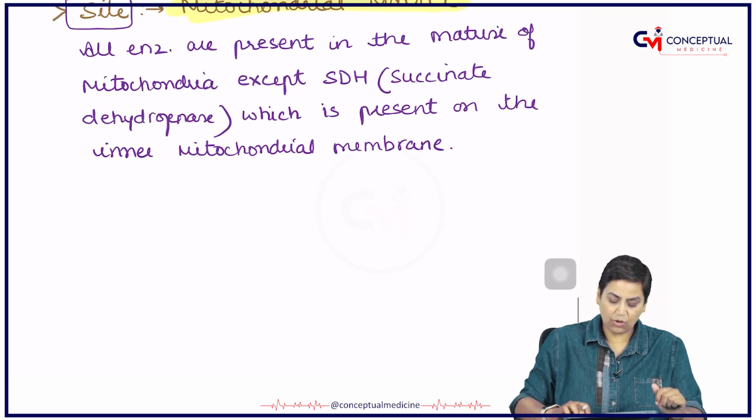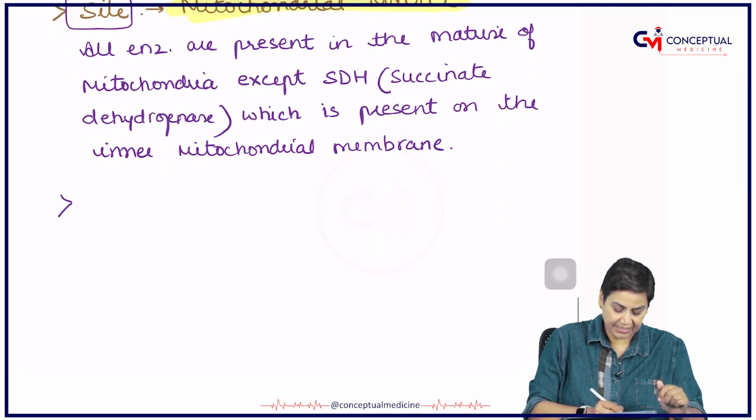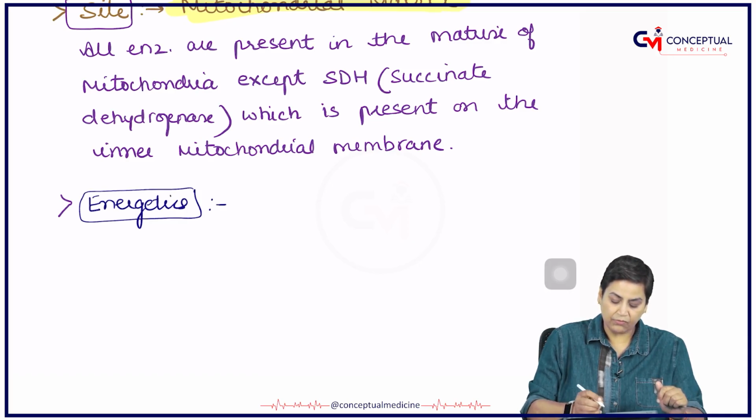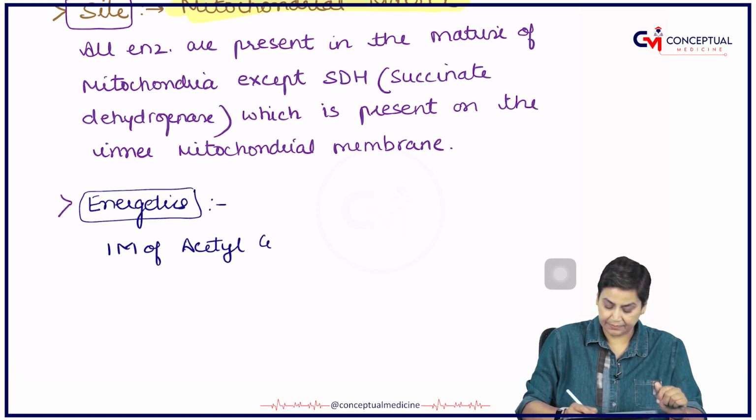Then if we talk about the energetics, one molecule of acetyl coenzyme A gives 10 ATP molecules.